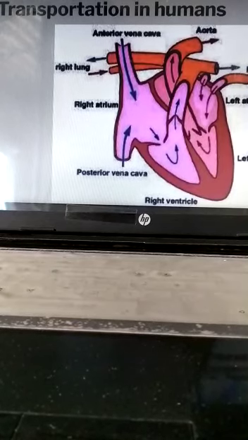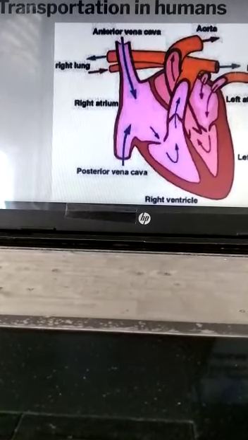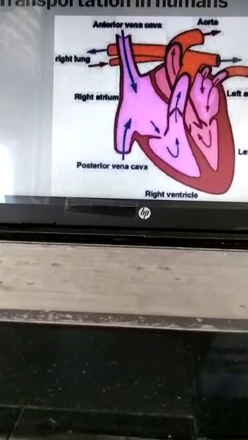The heart beats faster during and after an exercise because the body needs more energy under these conditions.